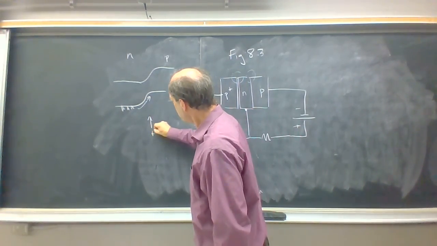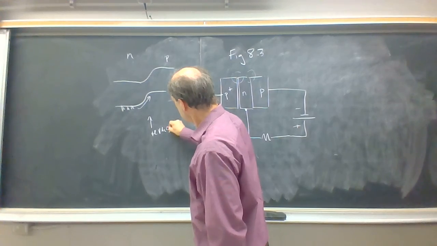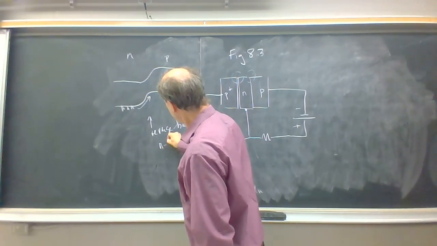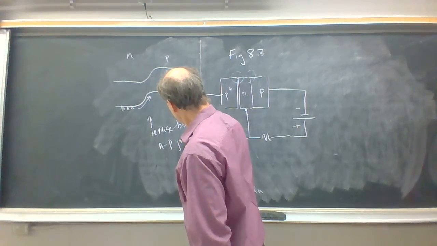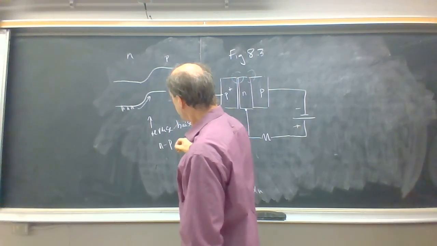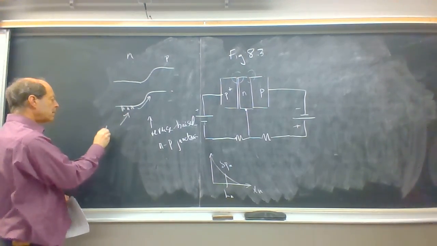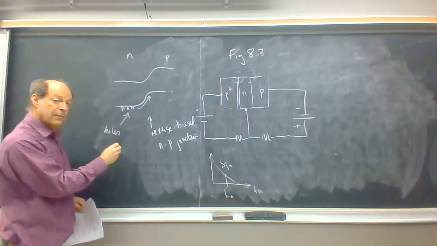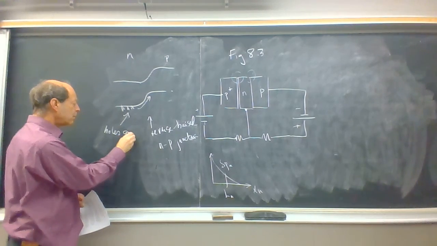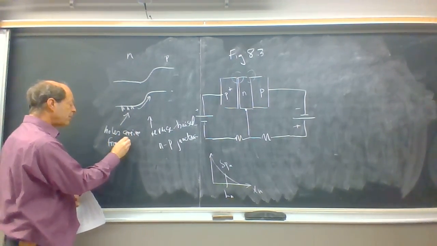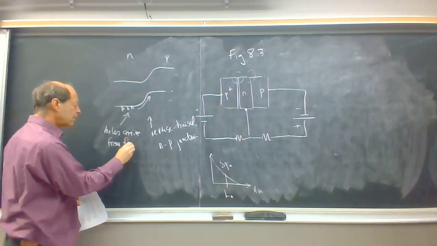So this is the reverse biased NP junction.